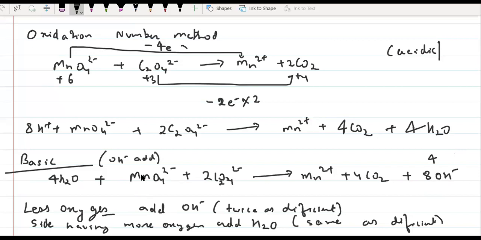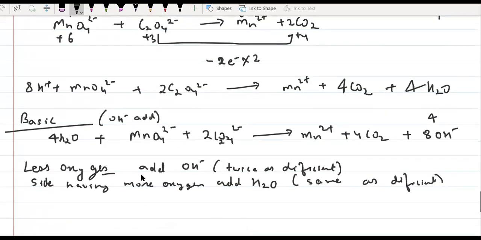See, guys, everything is balanced now. 8 OH minus, check. 12 oxygen, it's actually 16 on both sides, check. Right? Okay, I hope all of you understood.